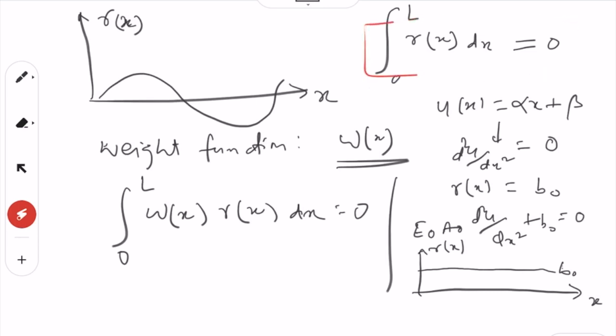In all the cases, your error is never going to be 0, so you will always get an error equal to B naught times L, and hence you cannot get this condition at all. Hence, if you have a weight function, weighted residual, okay, so this is called weighted residual.